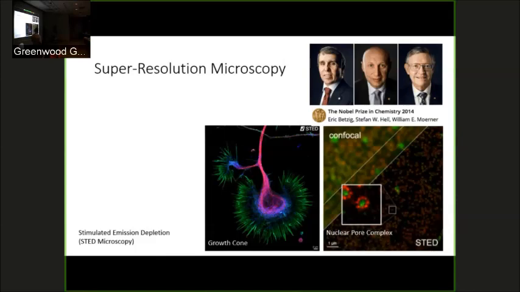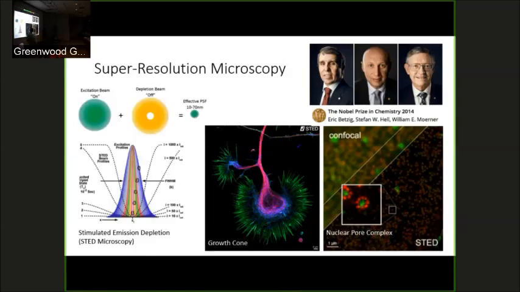That's where Stefan Hell comes in. This work uses a different approach, and you're able to get images from living samples. It happens much faster. His trick, I must admit, I don't completely understand how they do this in microscopes.